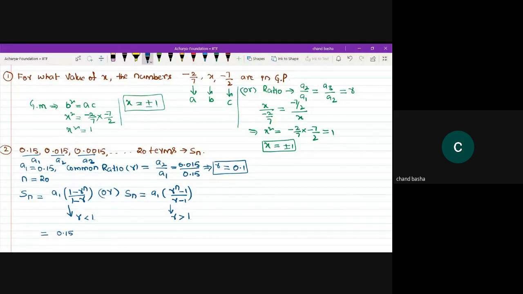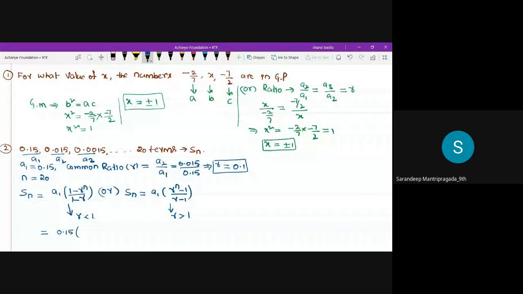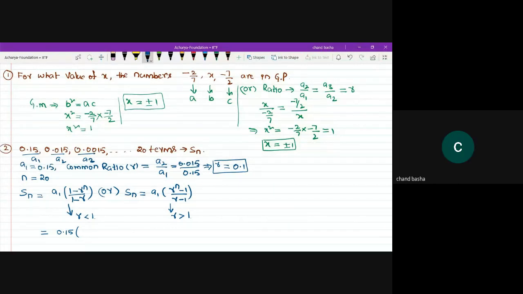Sarandeep, have you got the answer? Yes, sir. Your answer, please. Yes, sir. 1 by 6 into 1 minus 0.1 power 20. Right, very good. So here I got 0.15 into 1 minus R value, 0.1 whole power 20, divided by 1 minus R. R value is 0.1.